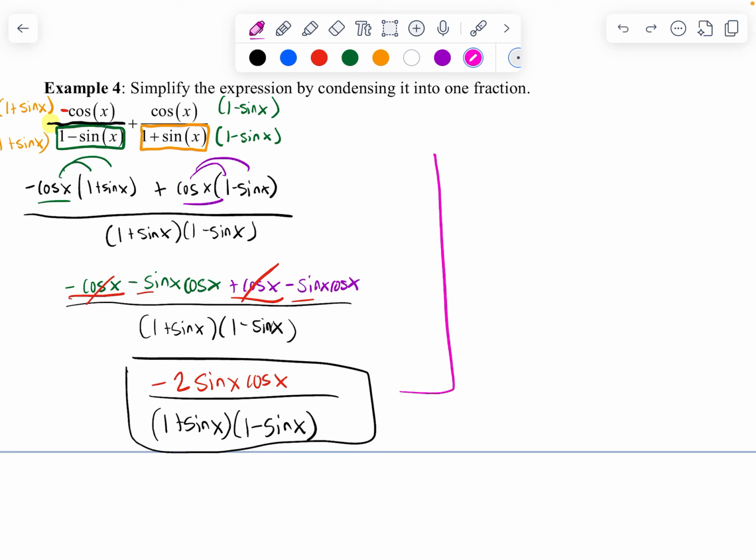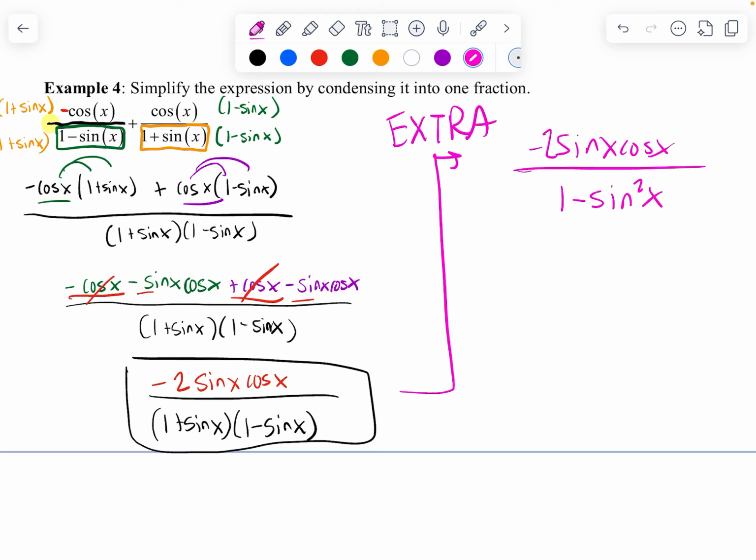So for example, all right, make that very clear. If you wanted to, you could distribute your denominator. So you get 1 minus sine squared x when you distribute those parentheses, combine like terms. Fun fact, this, using a Pythagorean identity, is actually going to simplify into cosine squared x.